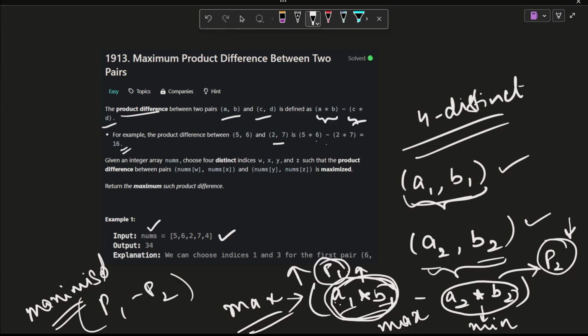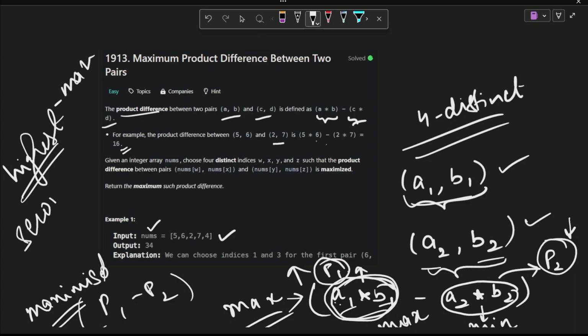So we will try to find the highest maximum value and the second highest maximum value, and if we take the product of these two, the product p1 will be as maximum as possible for the given array. So now we are clear how we are going to take a1 and b1 to make p1 as maximum as possible.